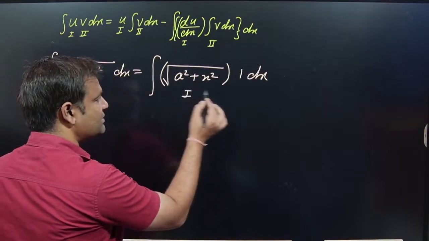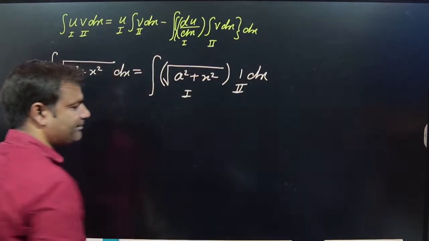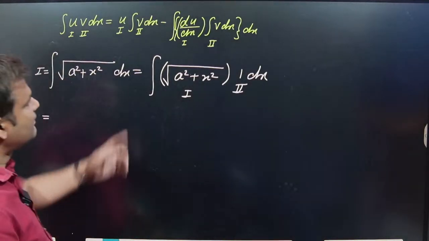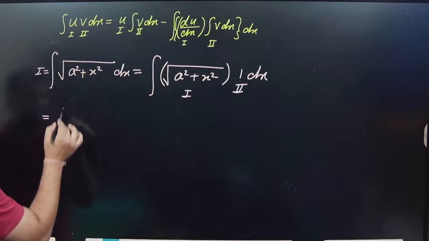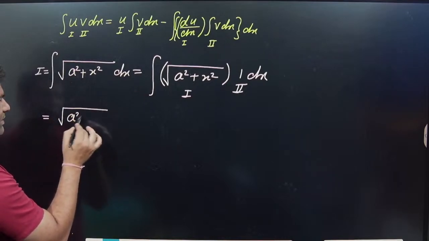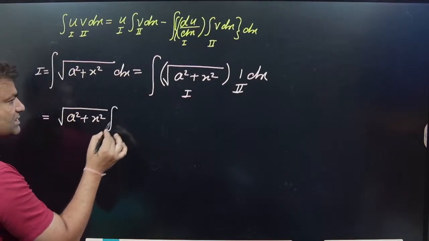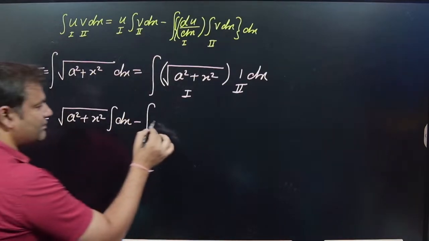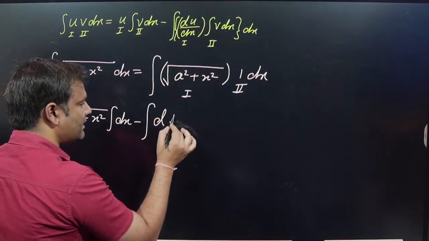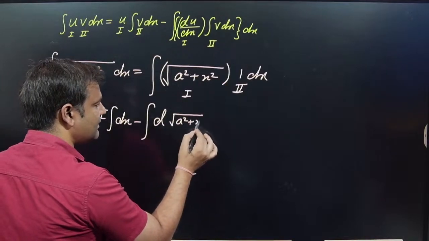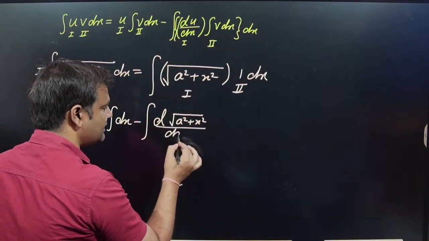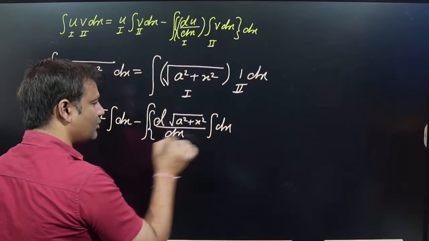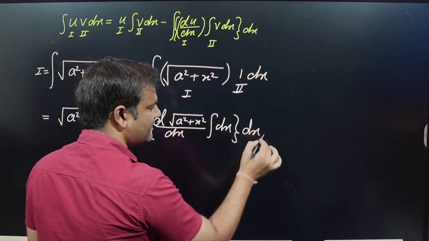First into integration of second: under root a square plus x square into integration of 1 dx, minus the differentiation of under root a square plus x square with respect to x, into integration of dx, into whole integration dx.